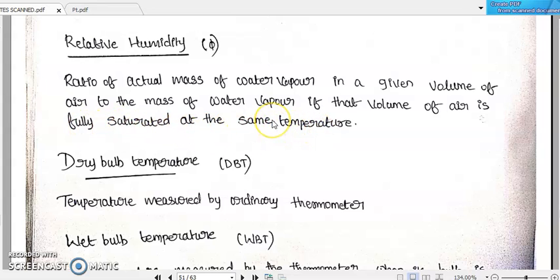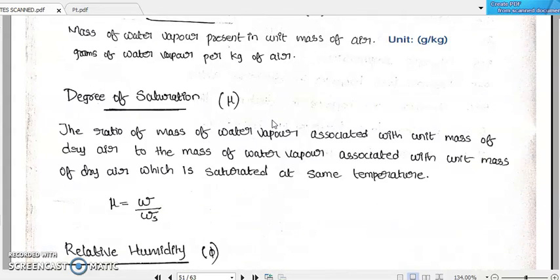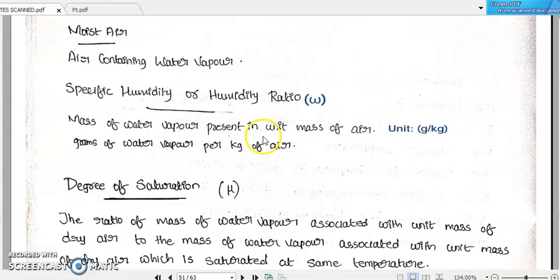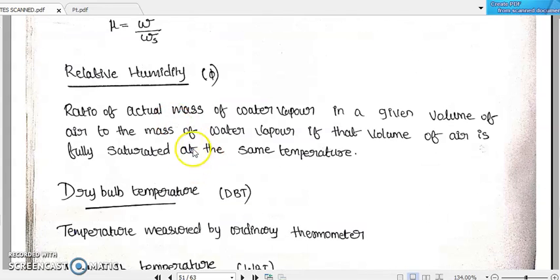When we were discussing specific humidity, we defined the humidity per unit mass of dry air. That is, what was the amount of water vapor associated with the unit mass of dry air? That is how we represent specific humidity. But relative humidity is the mass of water vapor associated with the unit volume of air.